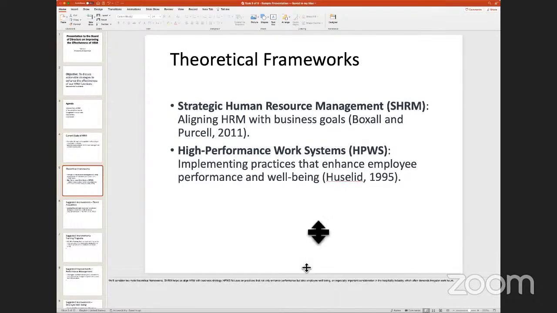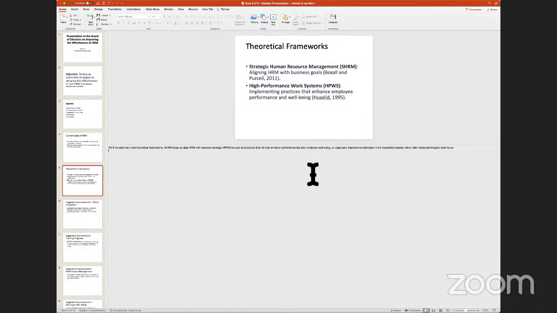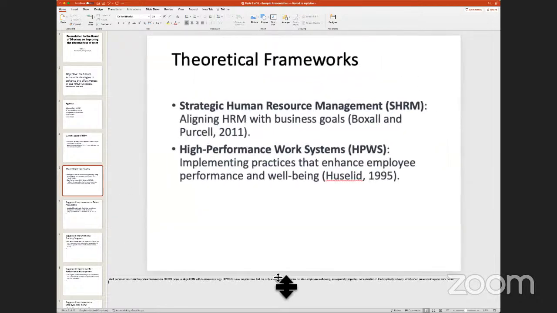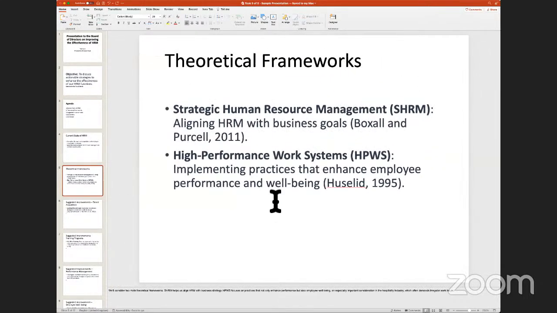Now, what you would also see under the slides is that I've put some speaker notes, and these speaker notes are put primarily to explain what I would be speaking in this slide. So if I look at the slide, it says we'll consider 2 theoretical frameworks. Strategic HRM helps us align HRM with business strategy.